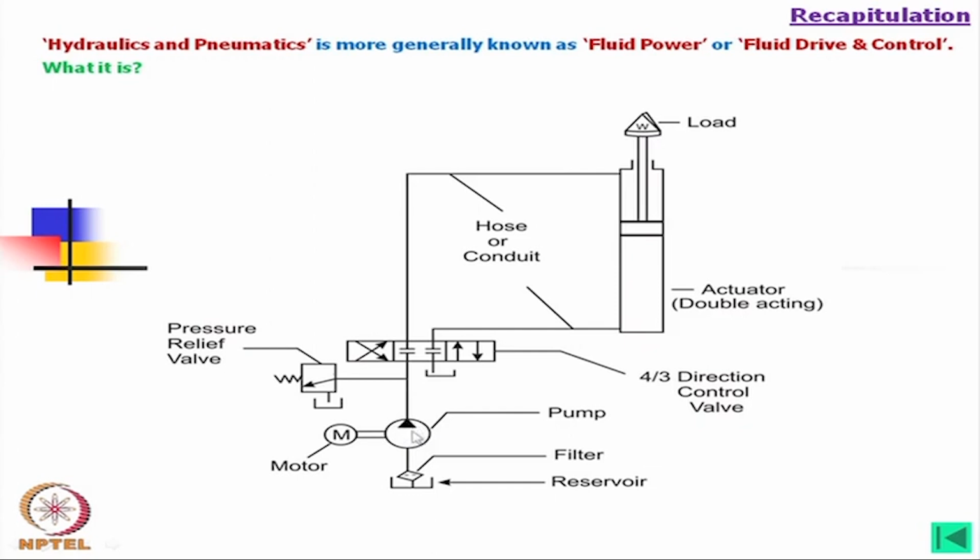Just 3 lines are there, and inside it will be white or blank. So, that indicates pneumatic. Similarly, pneumatic valves will look more or less similar, but they have some special symbols attached, by which we can understand this is a pneumatic valve. But here what I have drawn are hydraulic components.